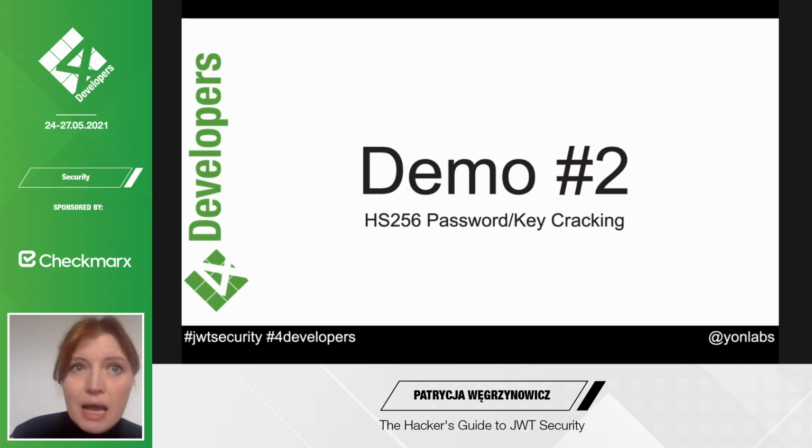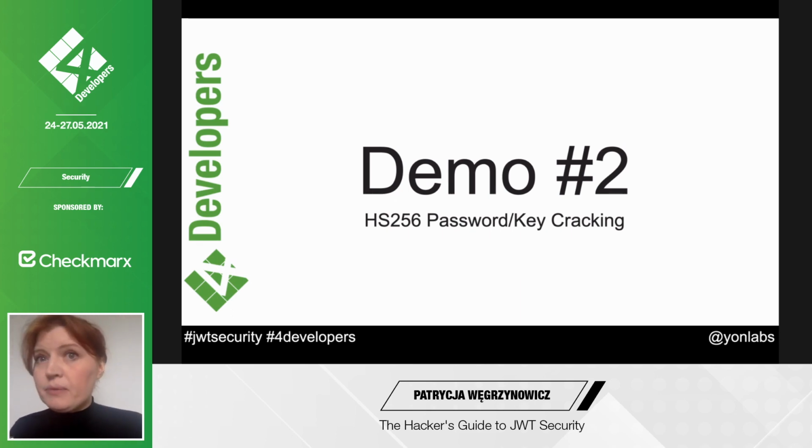It's a symmetric algorithm, which means the same secret key is used for generation and verification of a signature. As this is a symmetric algorithm, once we get to know the secret key, we can generate our own tokens to be accepted by the server, and we can impersonate another user.